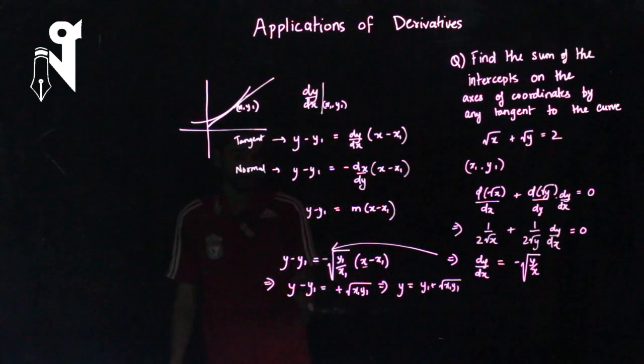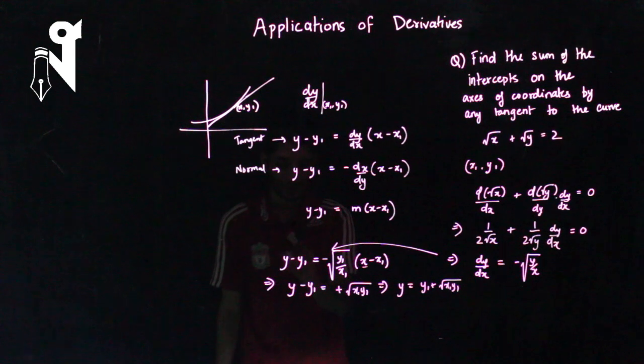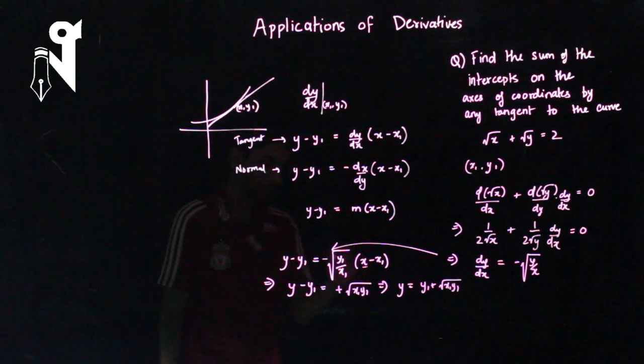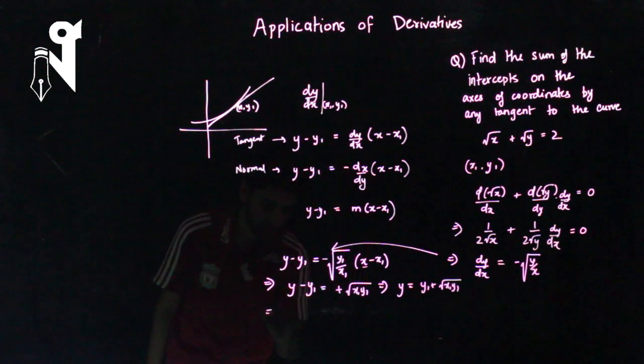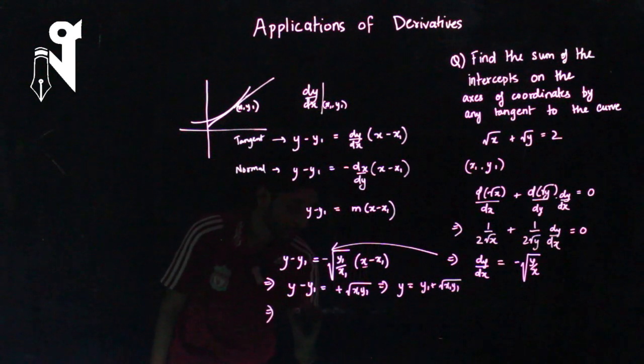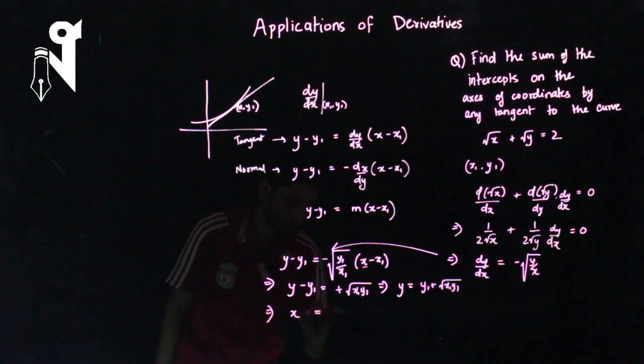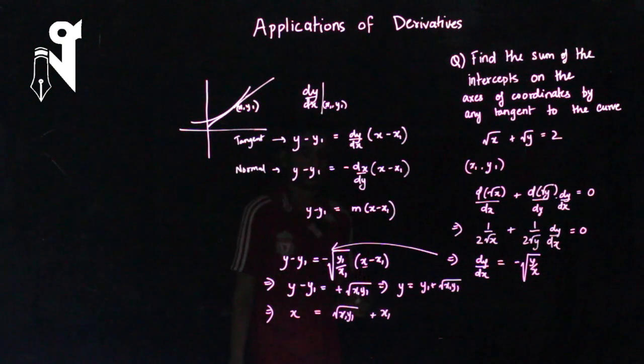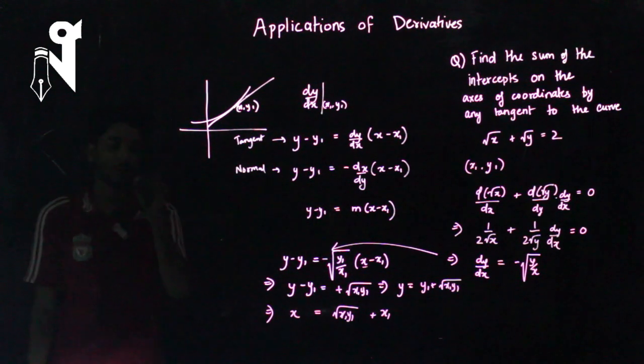If I do the same thing to get the x-intercept, I'll have to substitute y is equal to 0. I can take this expression dy by dx to the other side and then x1 to the other side. I'll basically get x equals under root x1 y1 plus x1. Alright, it's not too hard to see this also. How I get this is basically I have 0 minus y1.